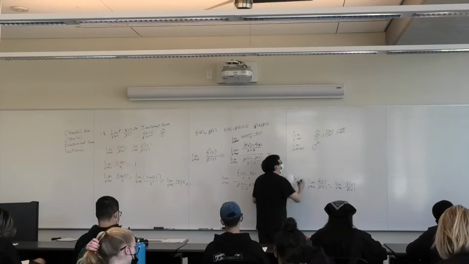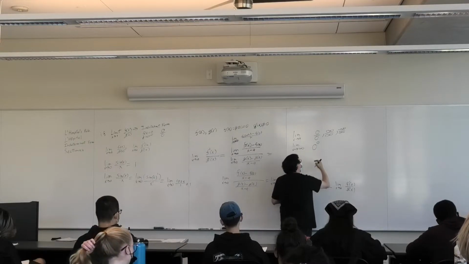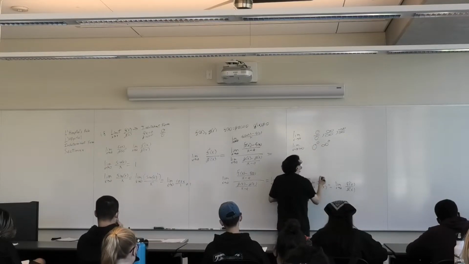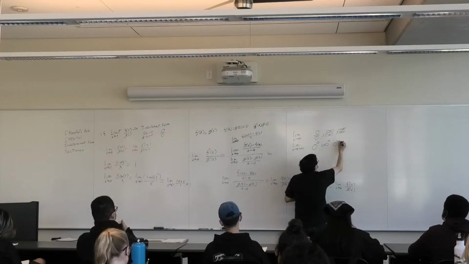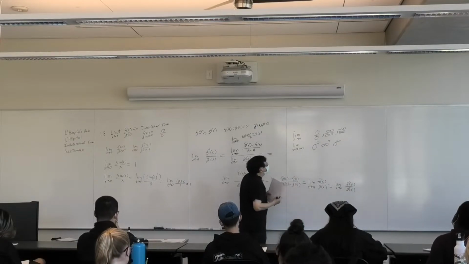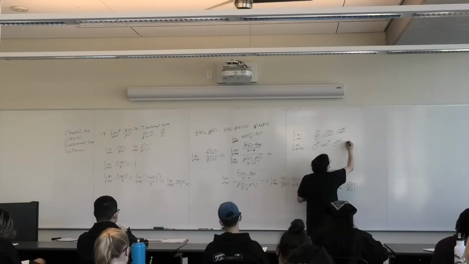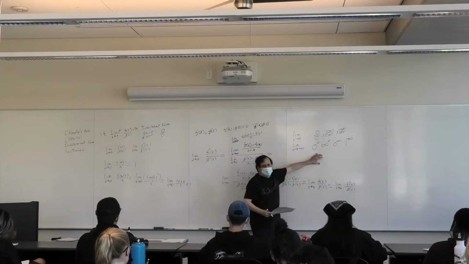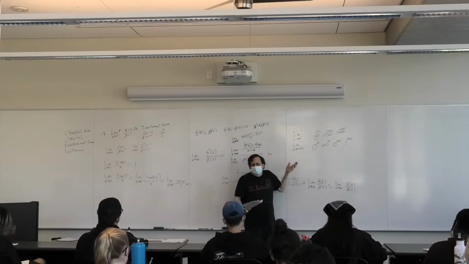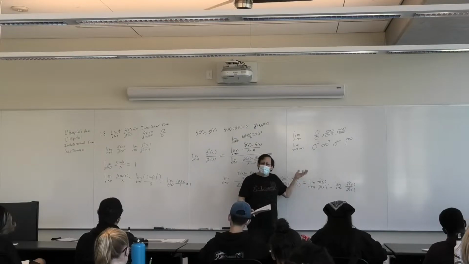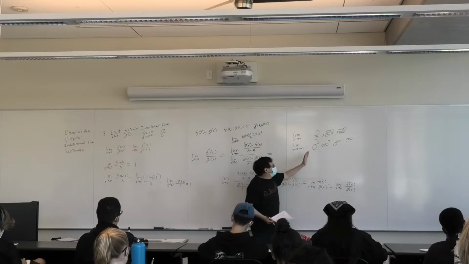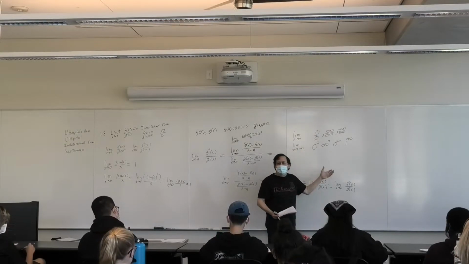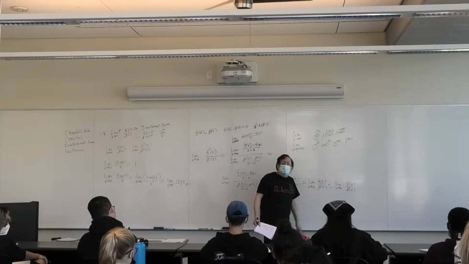We have 0 times infinity, infinity minus infinity, 0 to the power of 0, infinity to the power of 0, 0 raised to the power of infinity, and 1 raised to the power of infinity. Now, these are not numbers. These are just kind of a template or a form. If we have some function that ends up looking like this at its limit, then we know we can apply L'Hopital's rule.